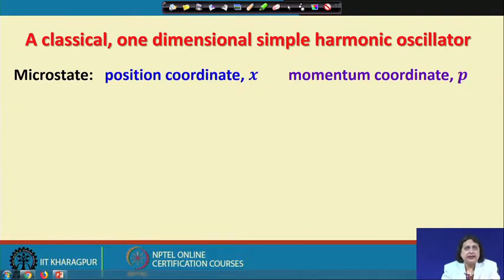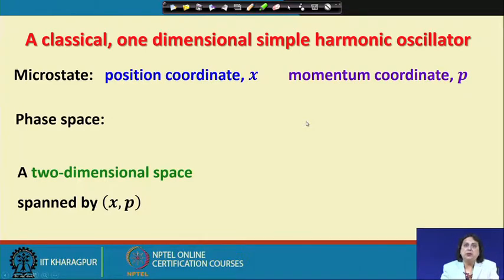Now, once I understand this, then obviously I would ask the question, what is the phase space of this single one-dimensional simple harmonic oscillator? You have two variables, the position coordinate, that is the first variable, and the momentum coordinate, that is the second variable.